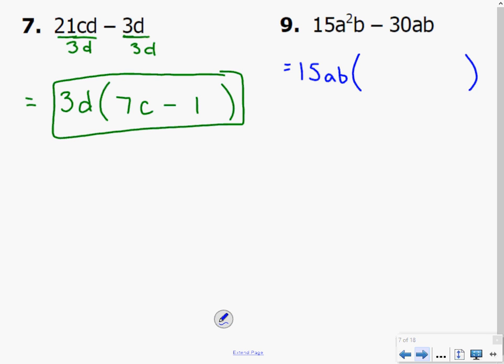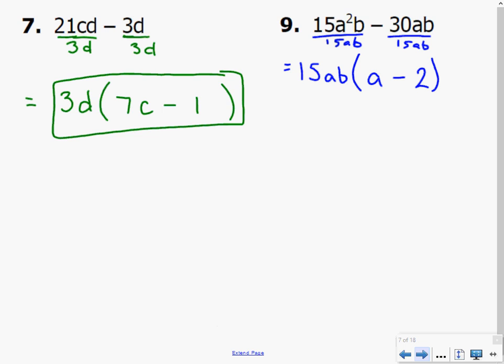We go back and divide. So 15 divided by 15 is 1. A squared divided by a is a, and the b's cancel out. 30 divided by 15 is 2. The a and the b cancel out when we divide. So 15ab times a minus 2 would be our final answer.